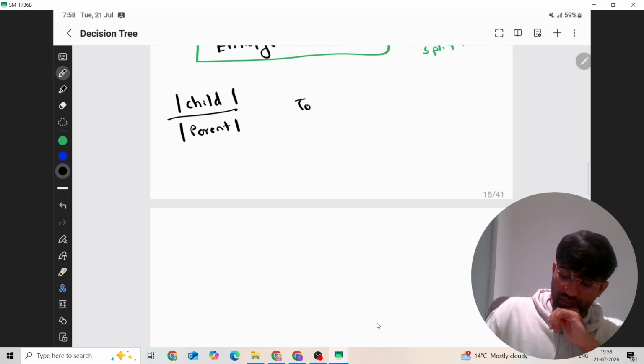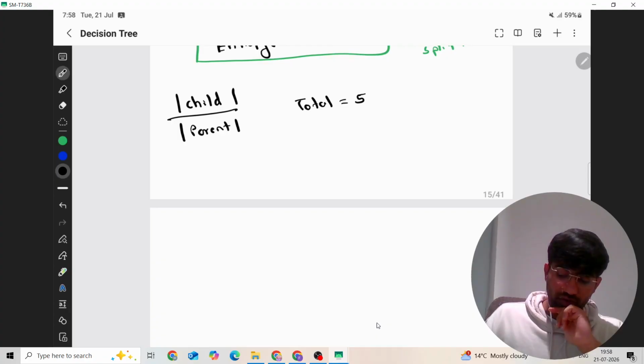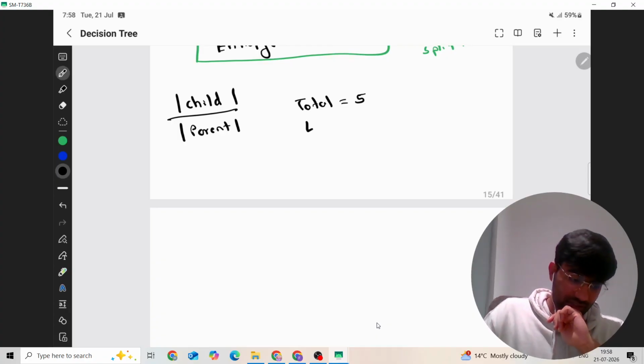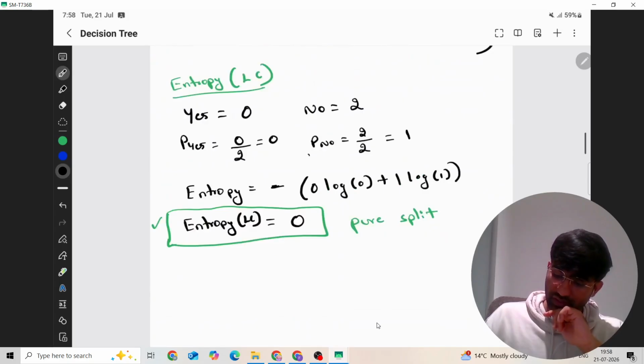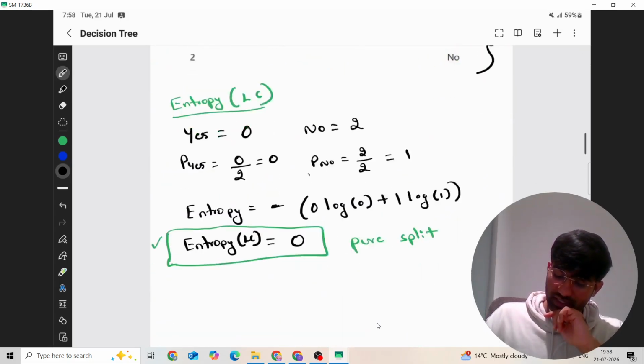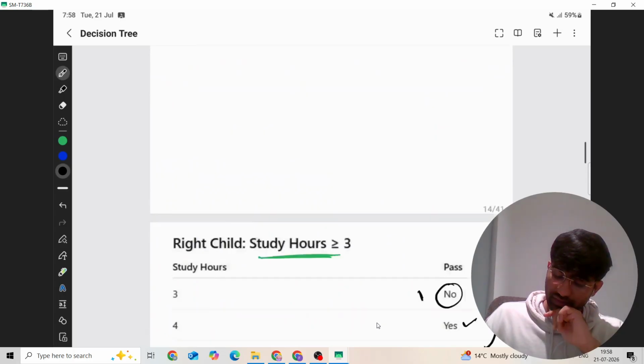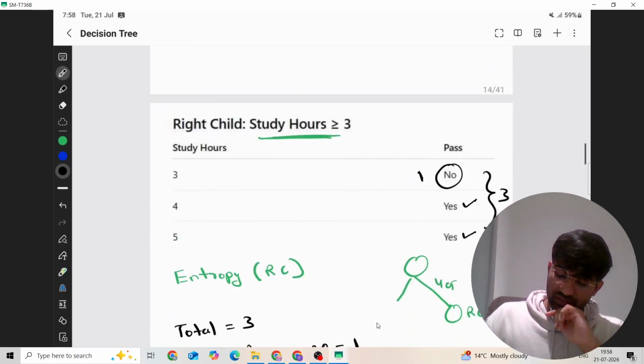So total we have 5 records. How many records do we have in the left child? 2 records. And in the right child, we have 3 records.